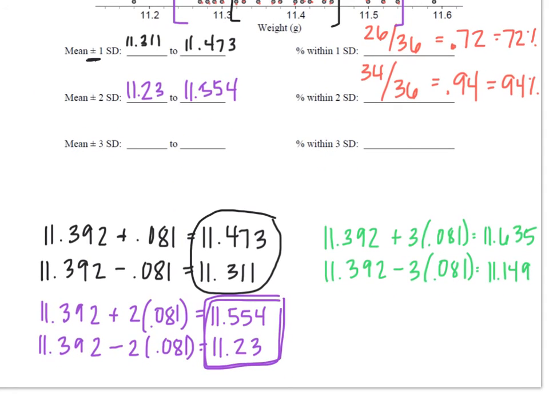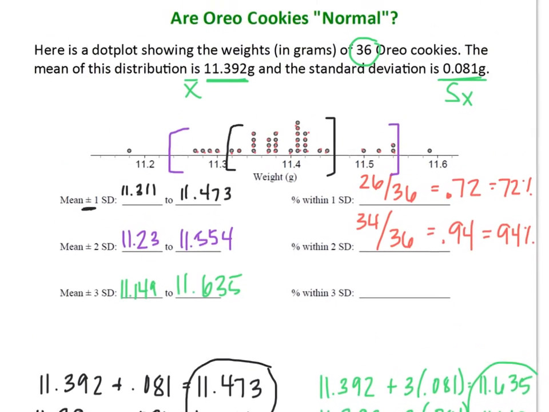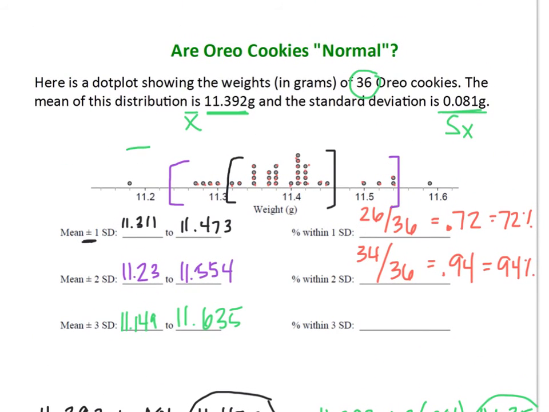And if I go out 3 standard deviations, you see my range goes from 11.149 to 11.635. And if I look at my data, that encompasses everything. So 36 out of 36 gives me 1, which is 100%.